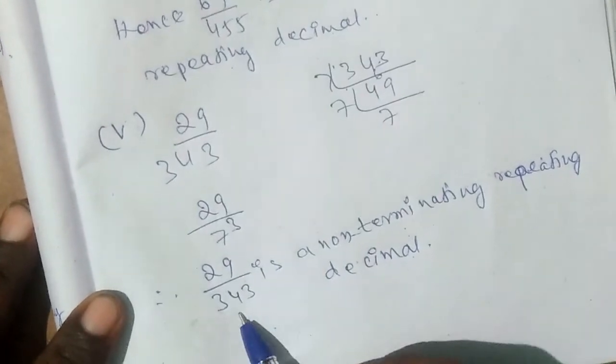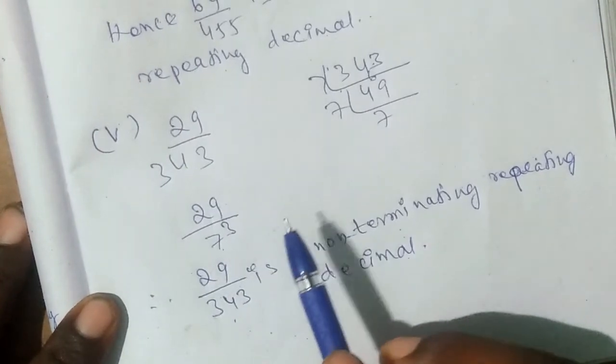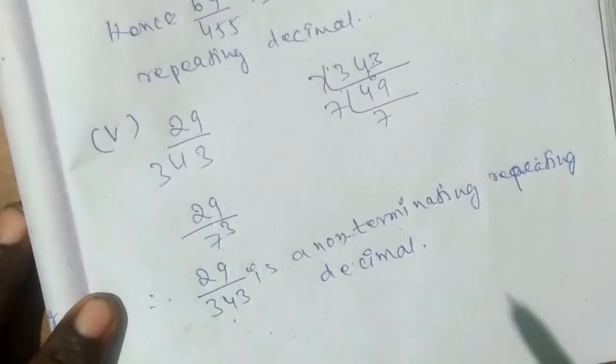Understood? Why? It is also not in the form of 2 to the power of n, 5 to the power of m. If it has that form, it is a terminating decimal.